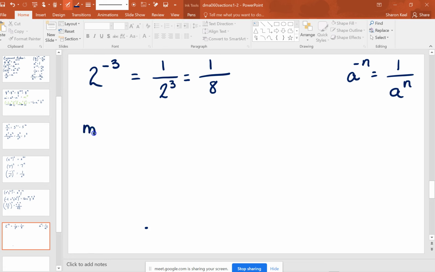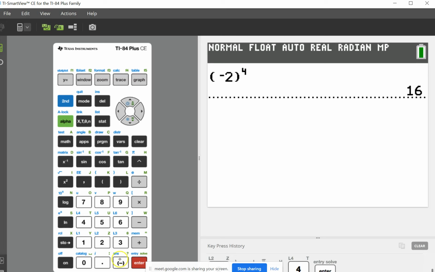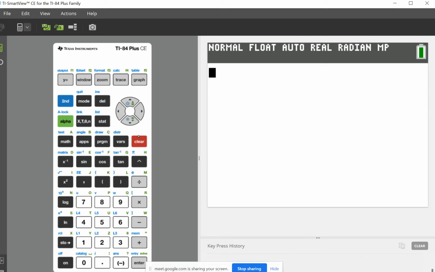Let's do another where we have a negative. M to the -6 over M to the -2. So we have -6 minus -2. And now this is where people sometimes mess up. Oftentimes, if you're using your calculator, they would do -6 minus 2.